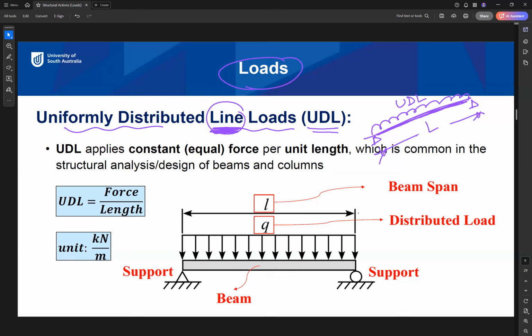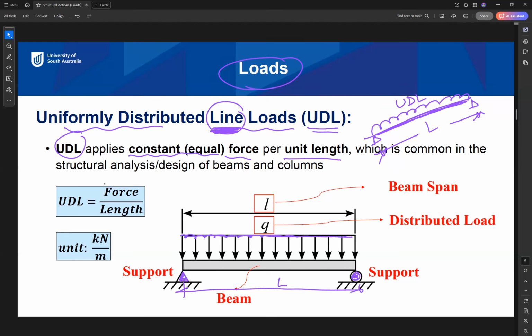So what is meant by uniformly distributed line load? It means that we apply a constant or equal force per unit length. If this is our beam, this is the length of the beam, and we have the same value of load along the beam.